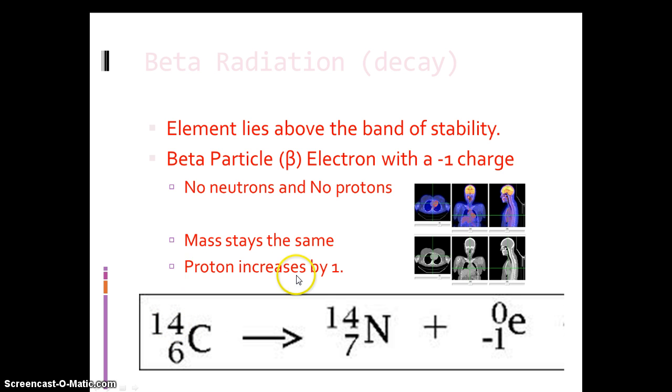And the proton count, or the atomic number down here, will increase by 1. So 6 will go to 7. So I've gone from carbon, and if I go and look at element number 7 on the periodic table, that's nitrogen. And then I have my little beta particle that I gave off to get that. Okay, that's beta radiation. We'll look at a few more examples of that tomorrow. I know that one's a little weird.